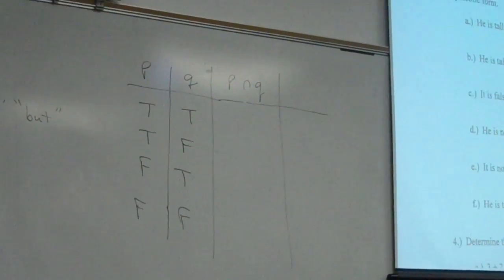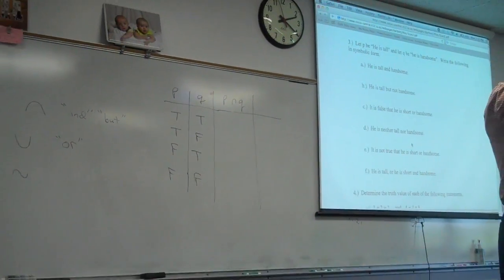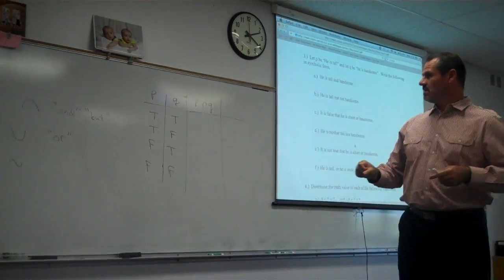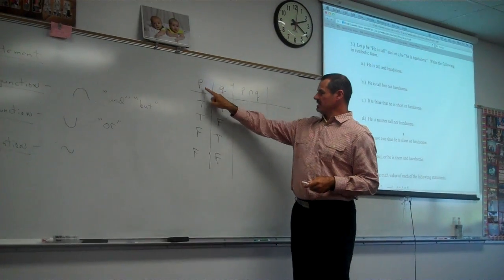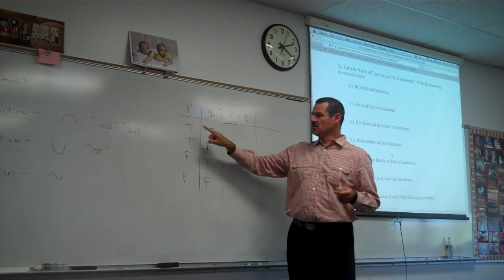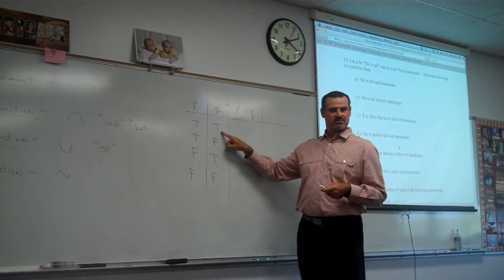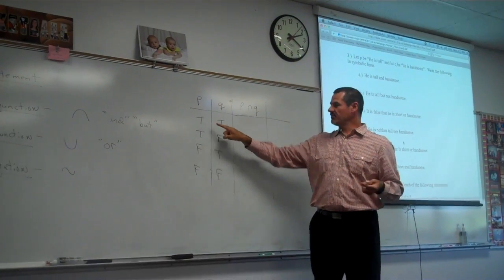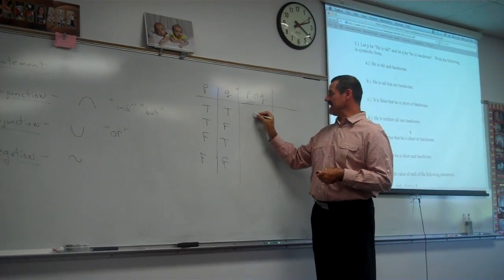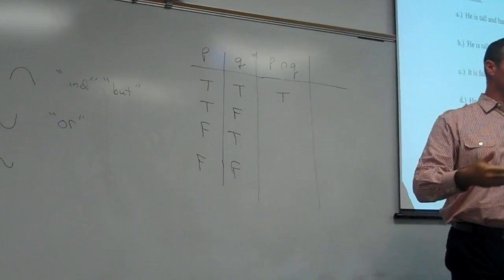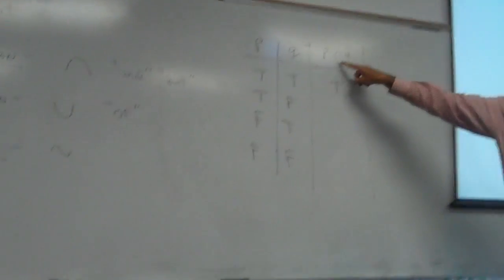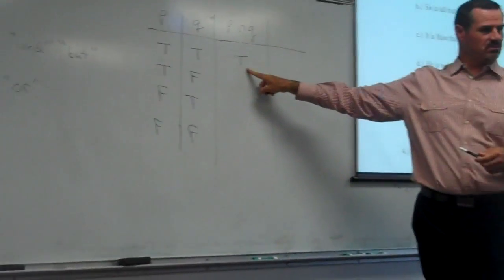That's my statement. Today is Monday. That's true. We have a football game tonight. That's true. If they're both true, isn't it logical? There's the name of the chapter. Isn't it logical that my compound statement would be true?